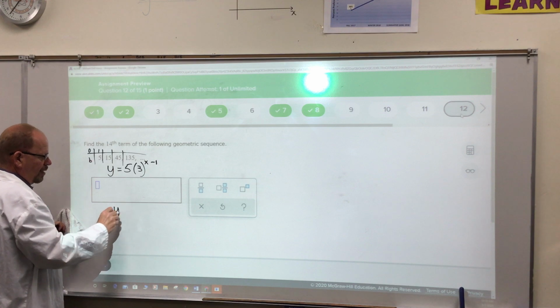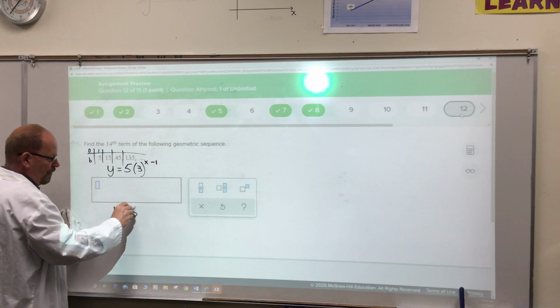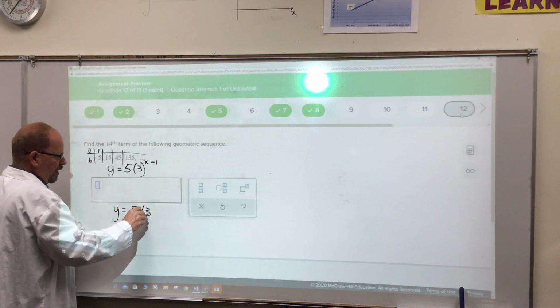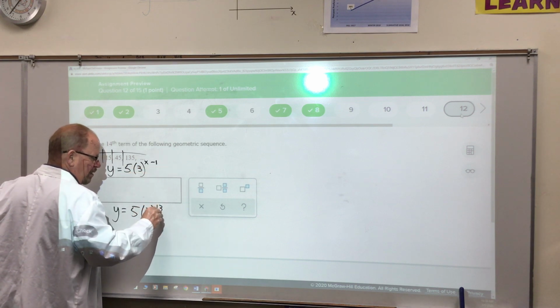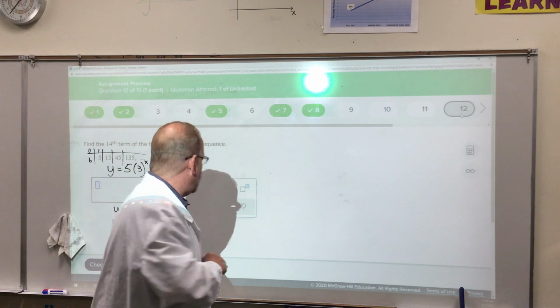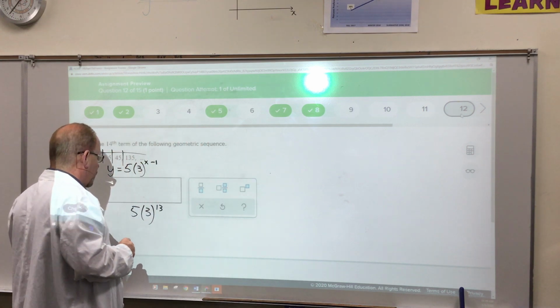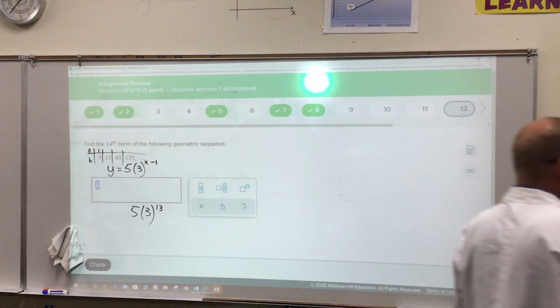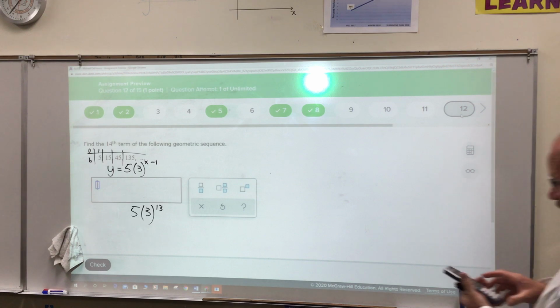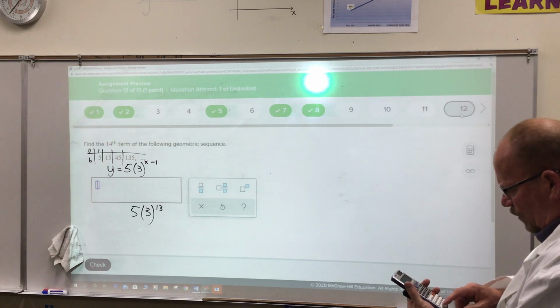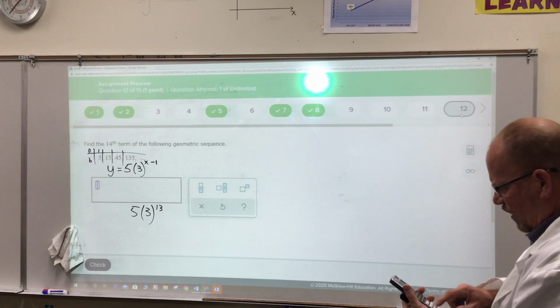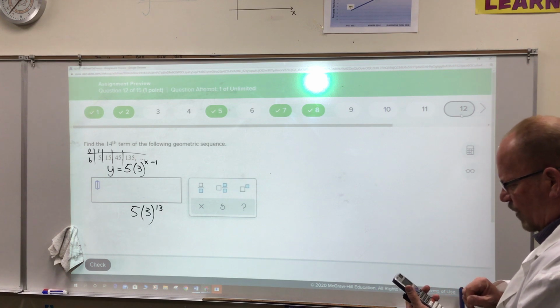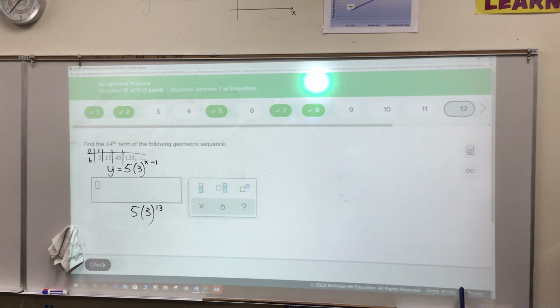So we're going to plug in our calculator 5 times 3 to the 14 minus 1, or to the 13th power. And we don't put the y in our calculator, so just saying. 5 times 3 to the 13th power equals 7971615.